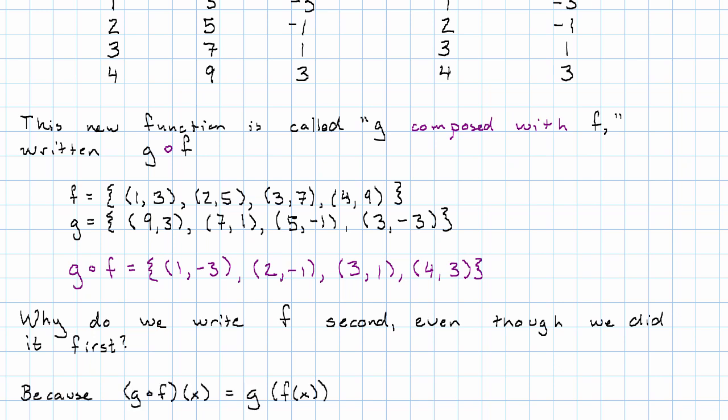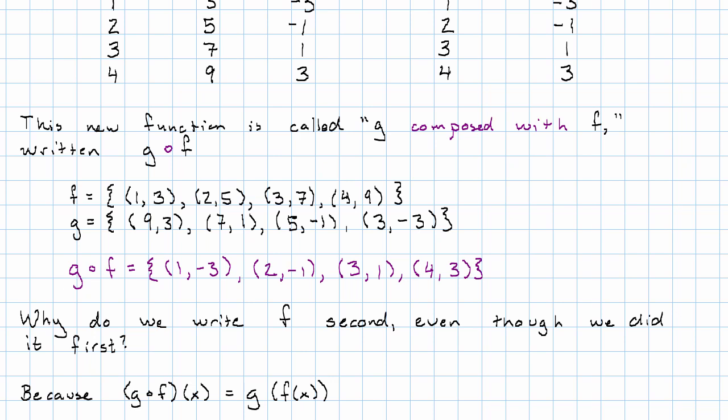If we take the function g composed with f and apply it to some specific input, in function notation, that means we take f of x and we do g to it. When we write it in function notation, the letter f happens to come second, even though it's what we want to do first. And so for that reason, we also write the letter f second in composition notation.